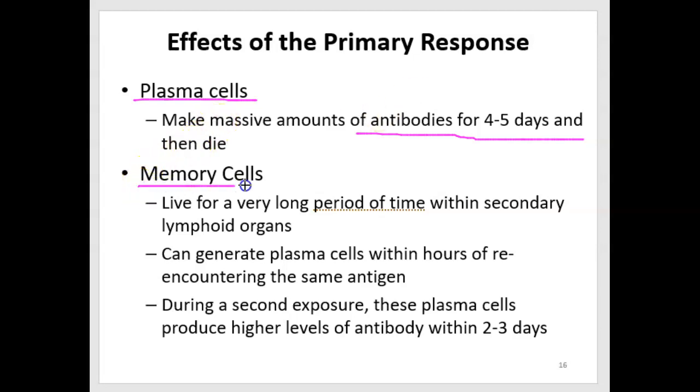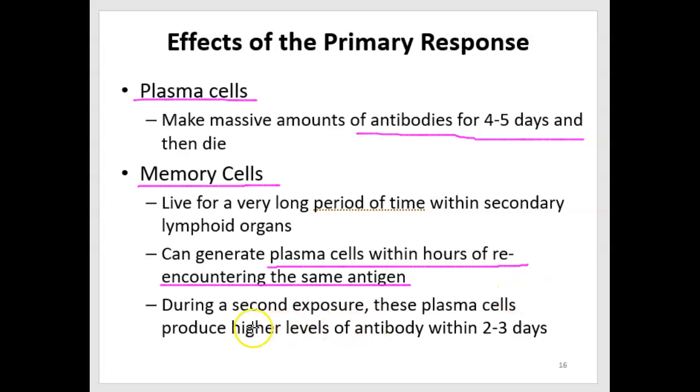But memory cells have also been formed, and they live for a very long period of time. They can live for years in a secondary lymphoid organ. It depends on the antigen and whatever else. So those memory cells can change or divide later if you're exposed and generate plasma cells within hours after you've encountered the exact same antigen for a secondary response.